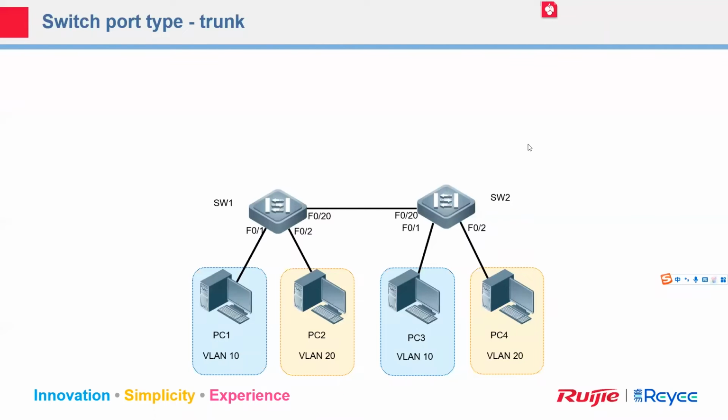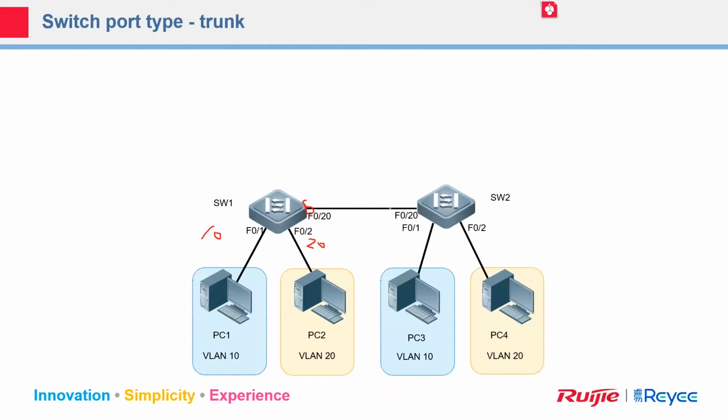Let's see the process. For example, now we have switch 1 and switch 2, let me draw it with a pen for you. PC1, this is the access interface belonging to VLAN 10, right? This is an interface belonging to VLAN 20. Okay, I have a question for you. What's the VLAN of this interface?